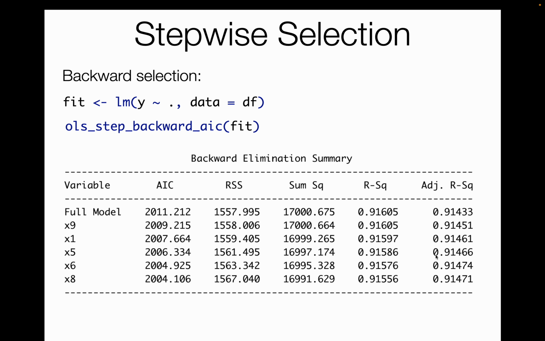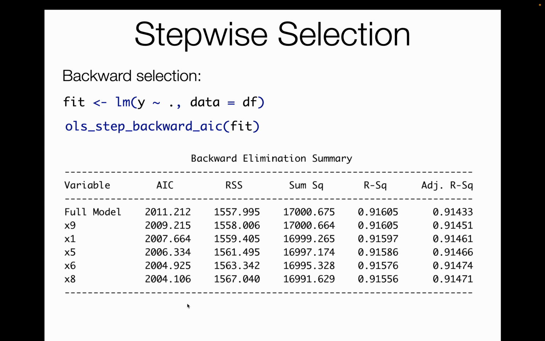Backward, here they show you what is taken out. So it takes out X9, then X1, X6, 5, 6, and 8. Okay, so again, it's coming to the same conclusion, which may not always happen. It is coming to the same conclusion here because I've made some fake data, and so it's sort of easy to tease out the relationship.